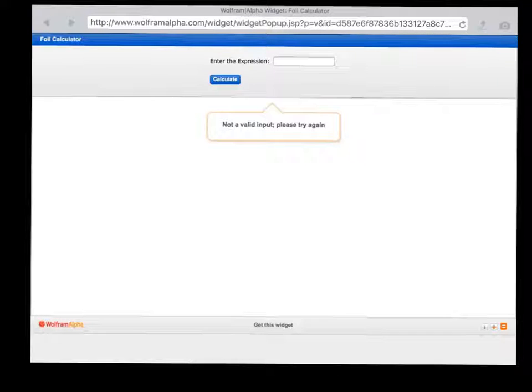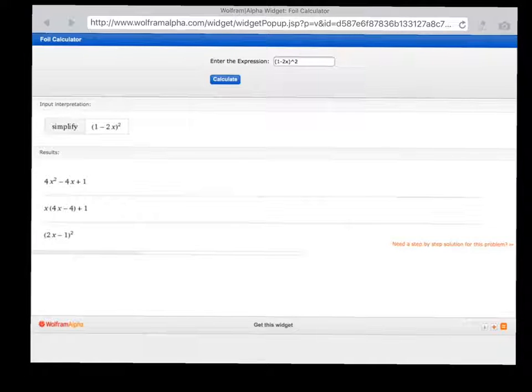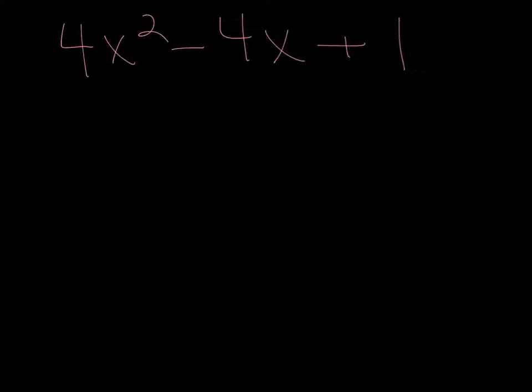So let's type in (1 minus 2x) caret squared and hit calculate. So we see that 4x squared minus 4x plus 1 is the result of that foiling. Rewriting what we got from Wolfram Alpha, we have 4x squared minus 4x plus 1.